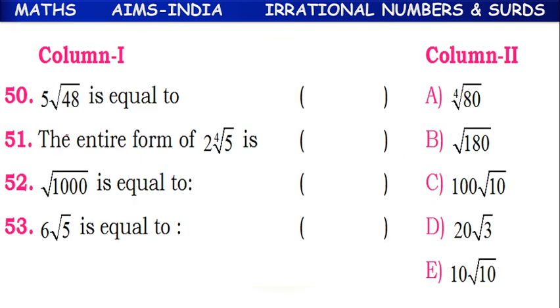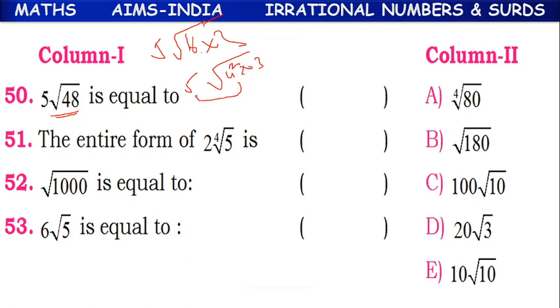Next, another matrix matching type. So 5 into root 48. How to write 5 into root 48? We can write 48 as 16 times 3, where 16 stands for 4 square into 3.